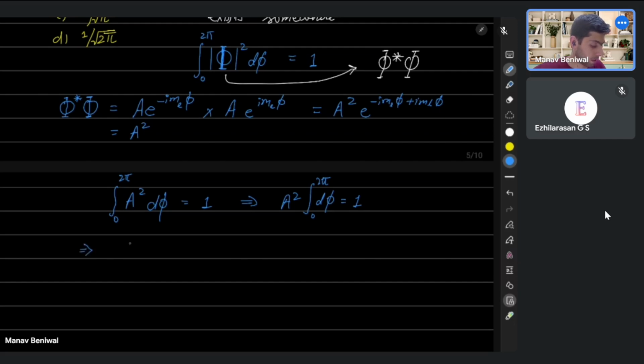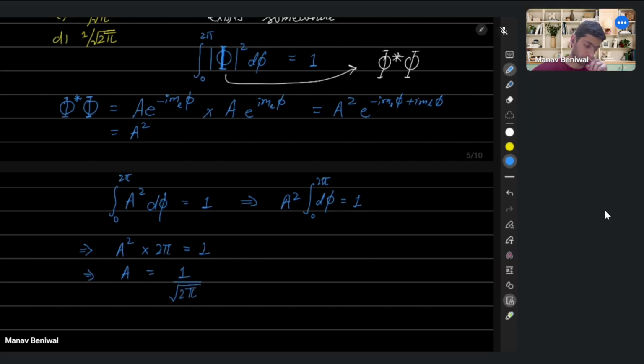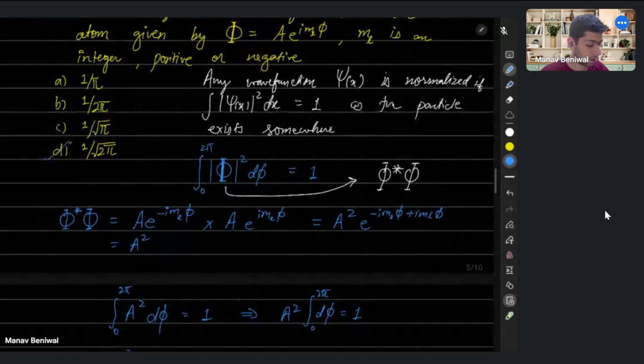So this integral will become 2 pi, and a will become 1 over under root 2 pi. Therefore, D is the correct option.